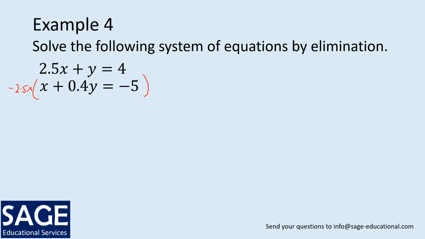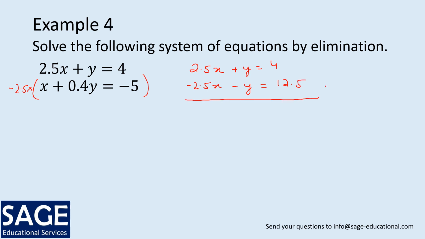So let's rewrite these equations. The first equation I'm going to rewrite just as it is. There is no change. The second equation would become negative 2.5x minus y is equal to 12.5. So negative 2.5 times negative 5 gives me 12.5.